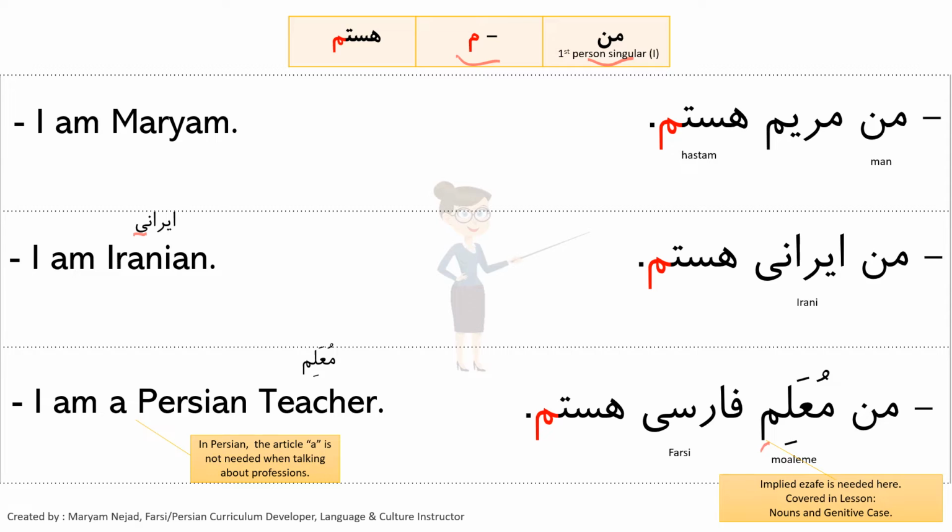Alright, so now I am going to read through these sentences one more time. If you want, you can just listen to it so you can get some practice in the listening part, or you can also read through it as I am reading. من مریم هستم. من ایرانی هستم. من معلم فارسی هستم.